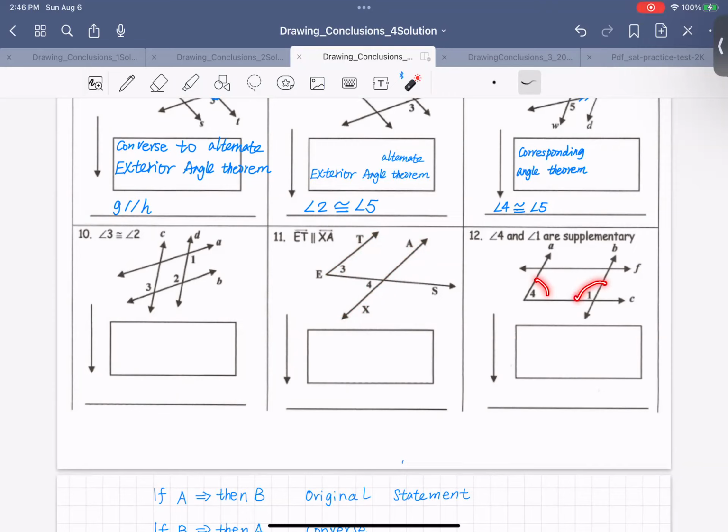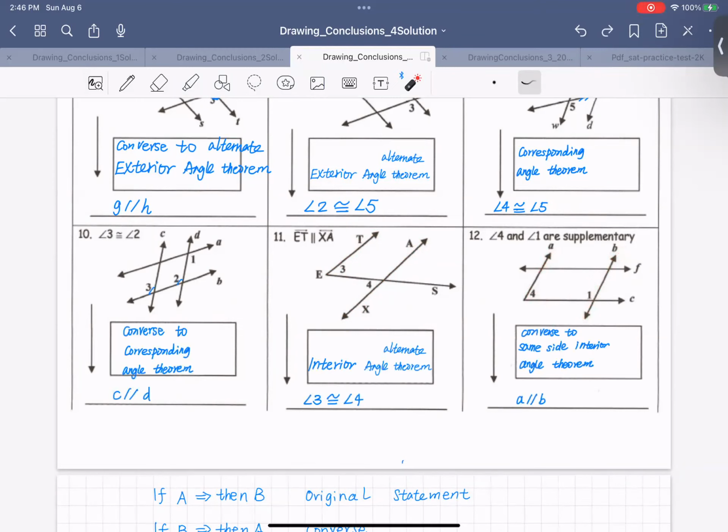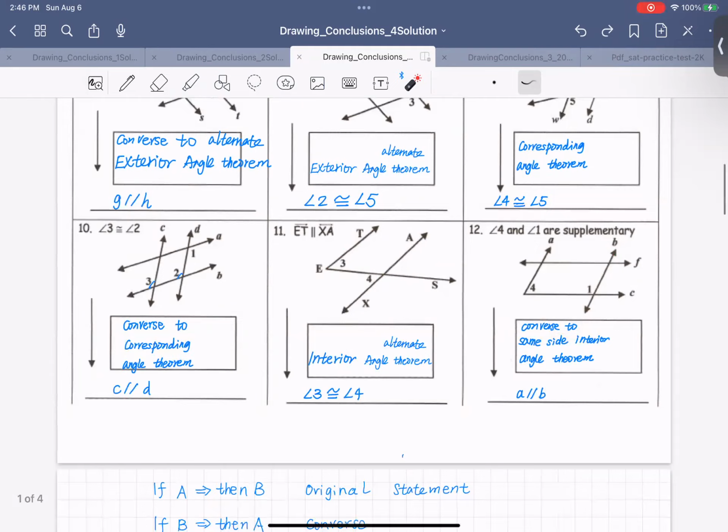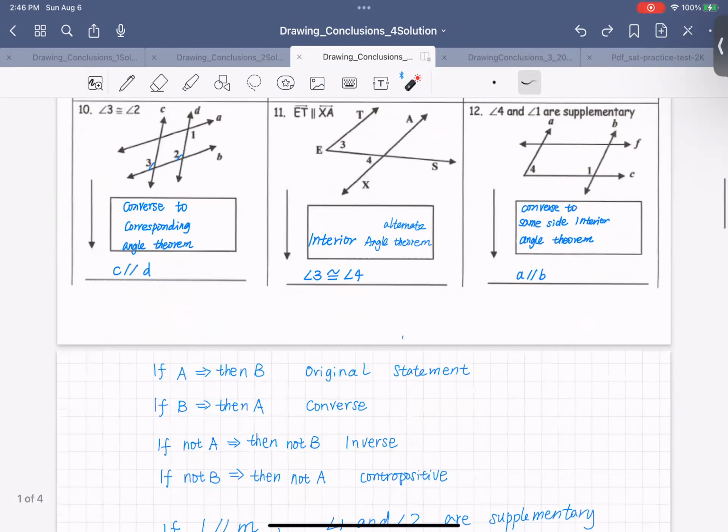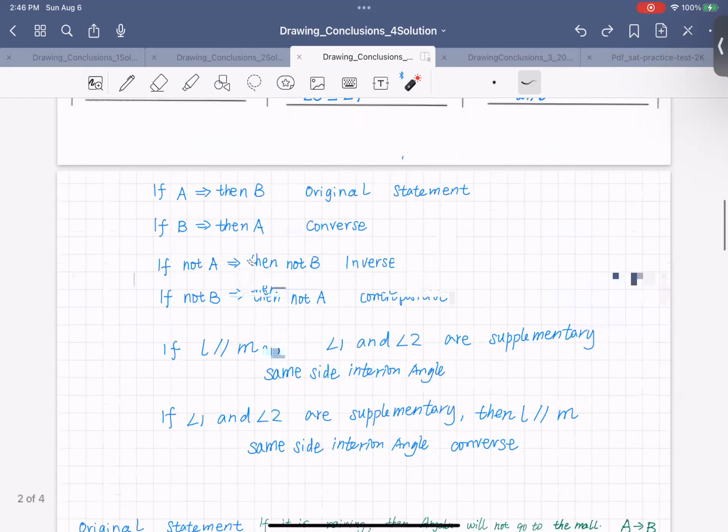What conclusion do you want to have? Line A and line B are parallel. It's because of same side interior converse. Thank you. Very good. We want to see where is the position we want to put converse, and where is the position we don't put converse. Because we do this training now, we should understand the reasons.